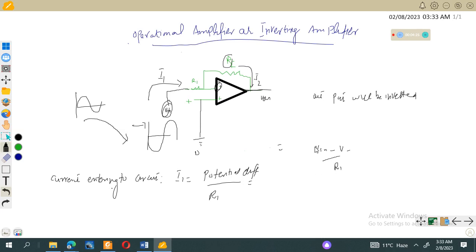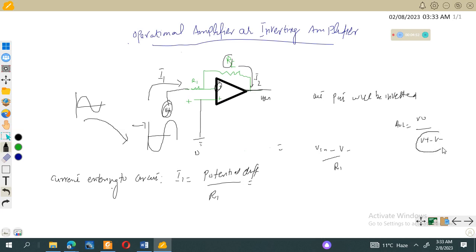Okay, the potential difference is V input minus V minus, the potential difference of these two points, divided by this resistance. You know from the previous lecture that the open-loop gain is equal to V output over V plus minus V minus.